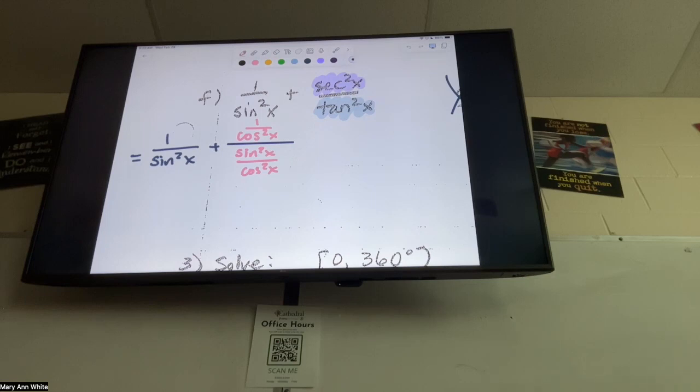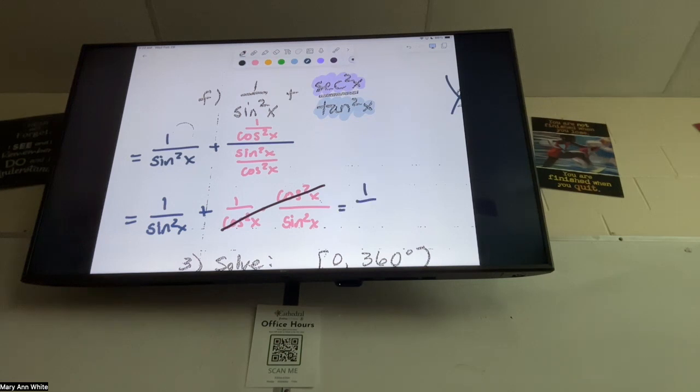Good, we're going to multiply by that reciprocal. So I still have my 1 over sine squared x. That's just getting carried along with me. And then my fraction now is going to be 1 over cosine squared times, and I flip the denominator, cosine squared over sine squared. Cancel those cosines.